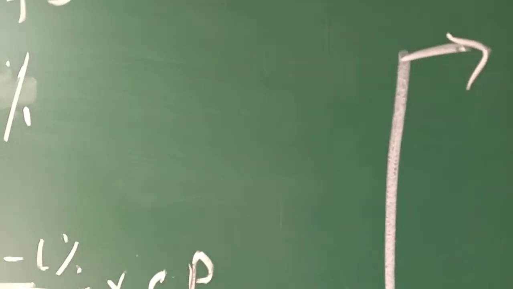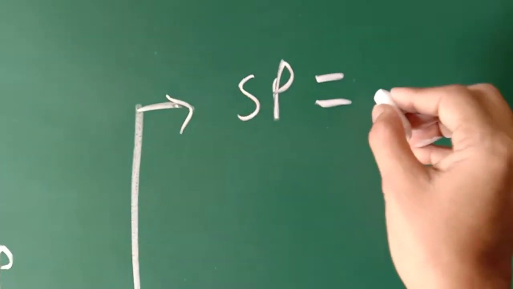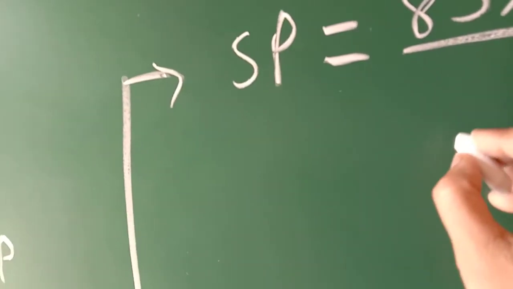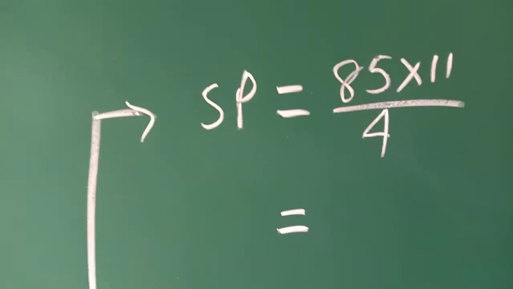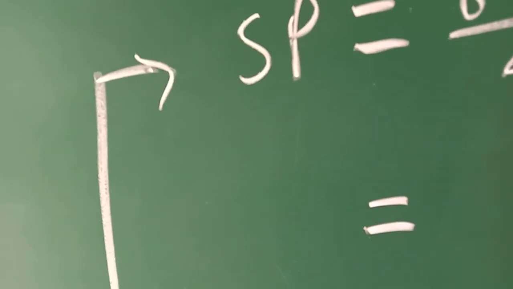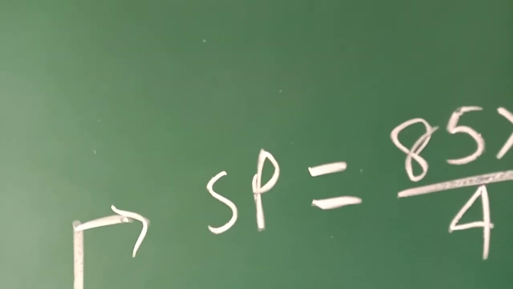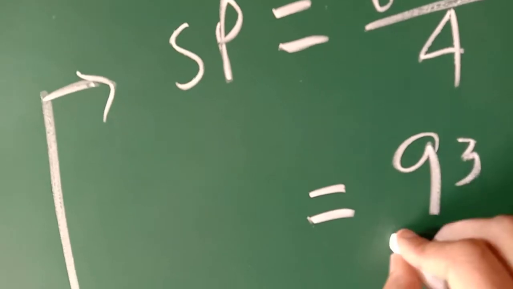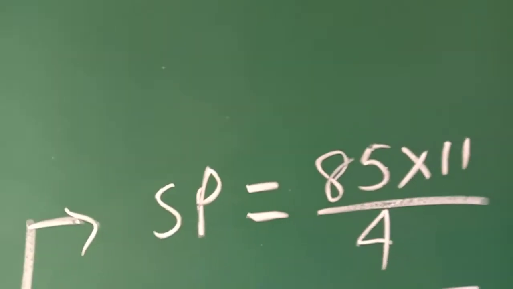Now selling price is equal to 85 into 11 by 4, and the result is 935 by 4, divide it, do the calculation.